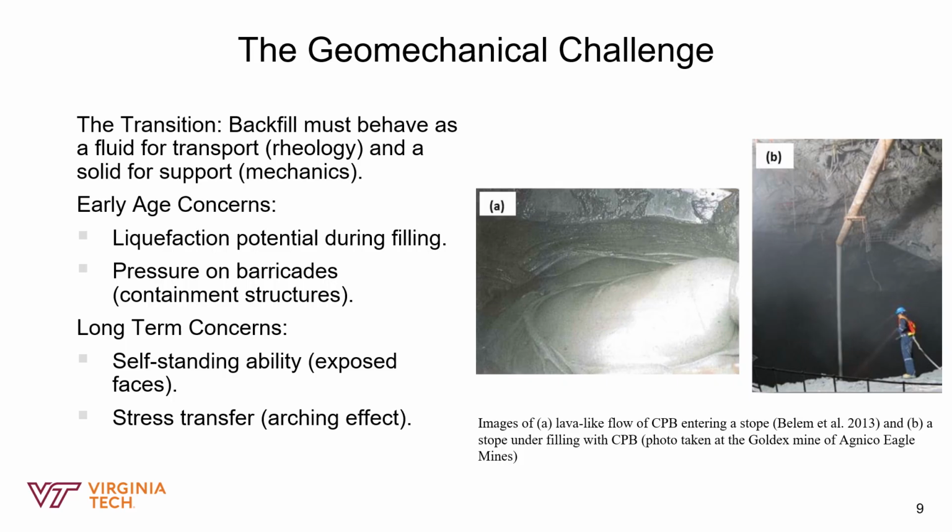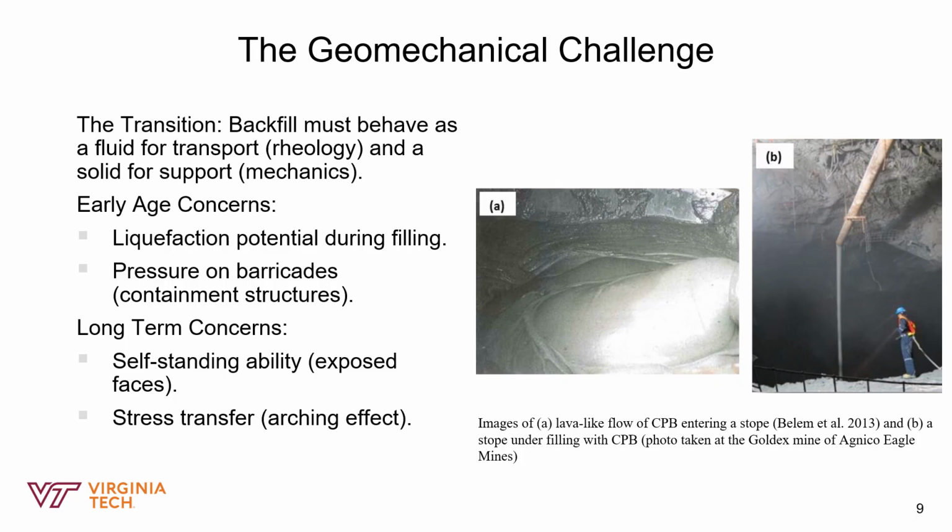Managing this transition from fluid to solid is where things get dangerous. So we divide the risk into 2 time periods. The first is the early age concern, where the fill is still wet. If you look at the photo on the right, especially image A, you can see the paste flowing like lava.